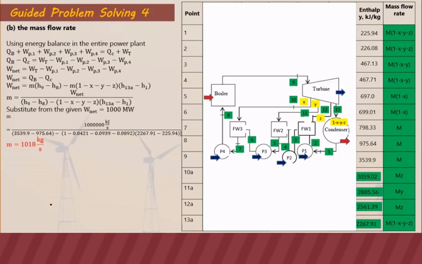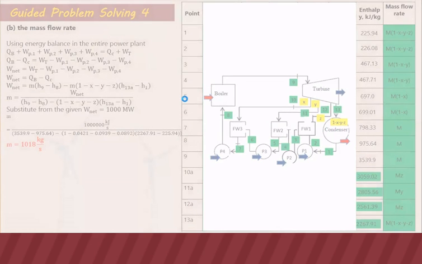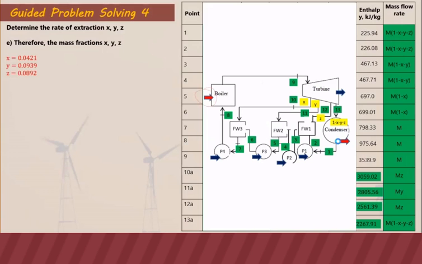So for the mass flow rate, we are going to do an energy balance on the entire power plant. For the entire power plant, you can see here the heat input in the boiler is shown here. And we also have the heat output in the condenser, also shown here. And then we have the work output in the turbine.